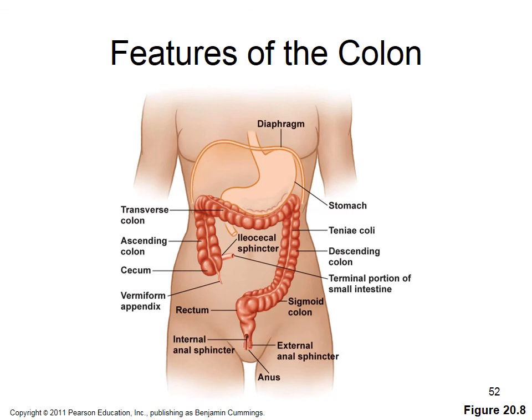Okay, it will open and allow contents from the ileum to enter the large intestine, which then is going to go up the ascending colon, across the transverse colon, down the descending colon. Anything that wasn't digested and absorbed is going to end up in the rectum and then be released to the external environment. And there are two sphincters holding in the feces, right?